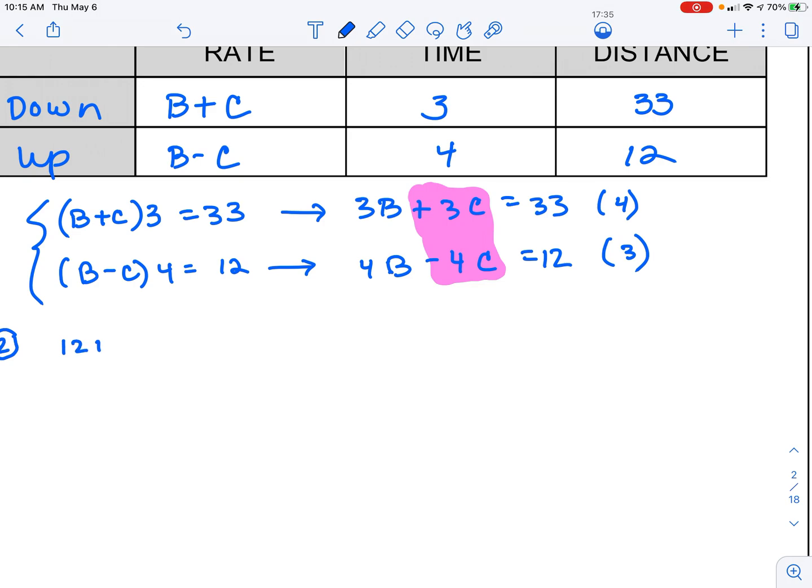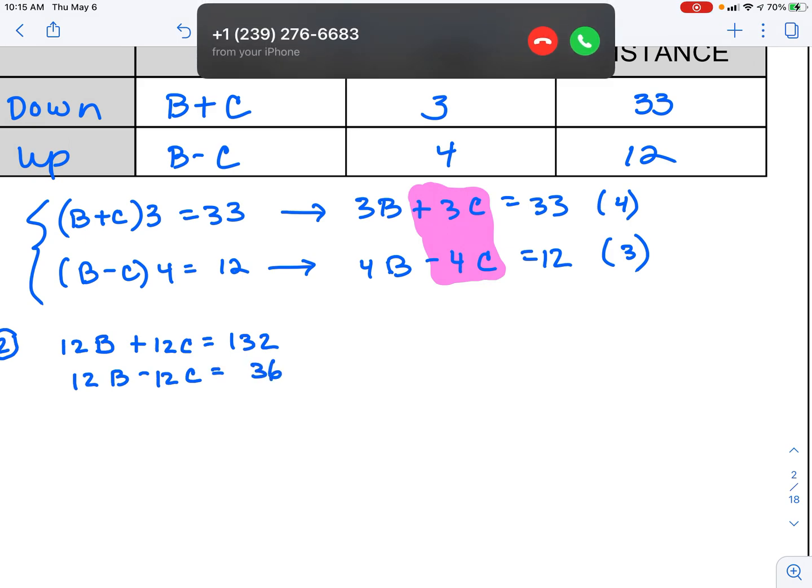Okay, so if I multiply the top one by 4, I'm going to have 12b plus 12c equals, and 33 times 4 is 132. And on the second one, I'm going to have 12b minus 12c equals 36.